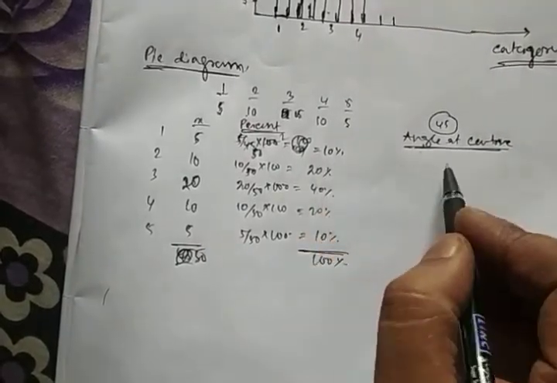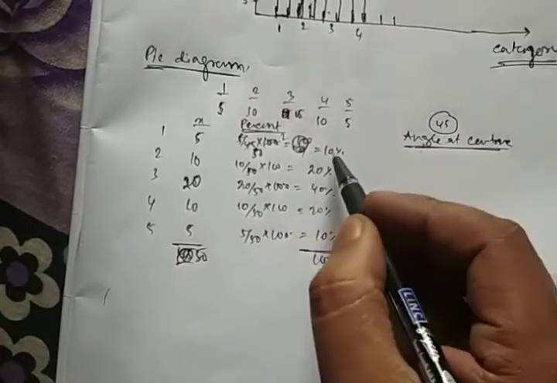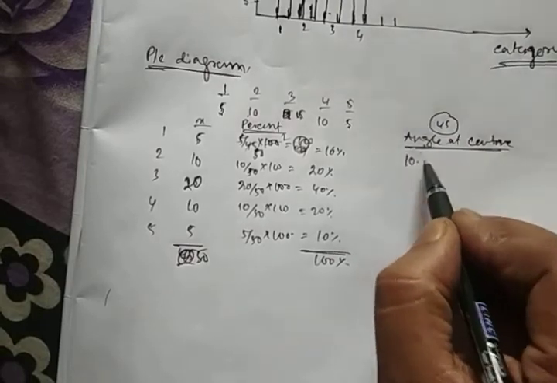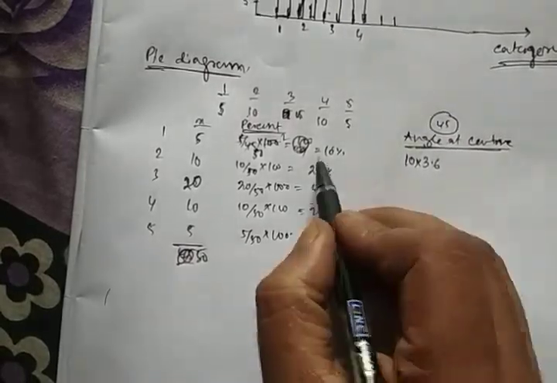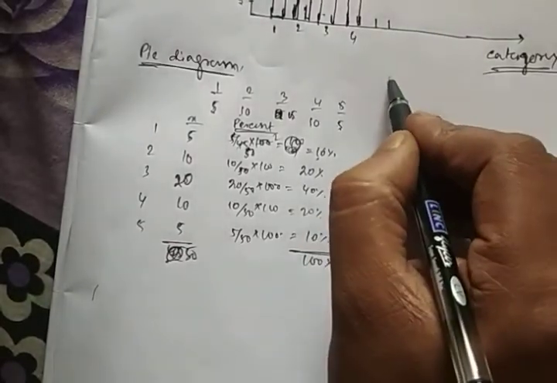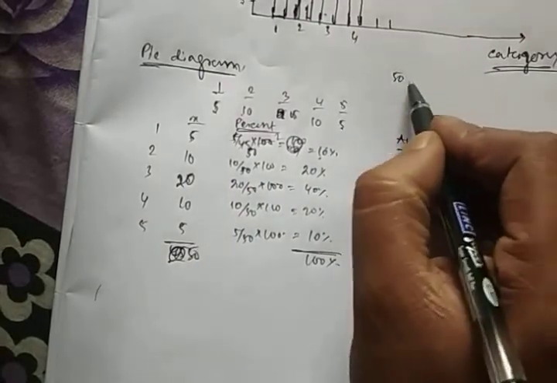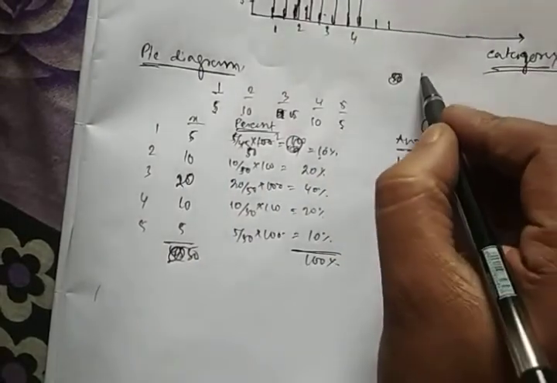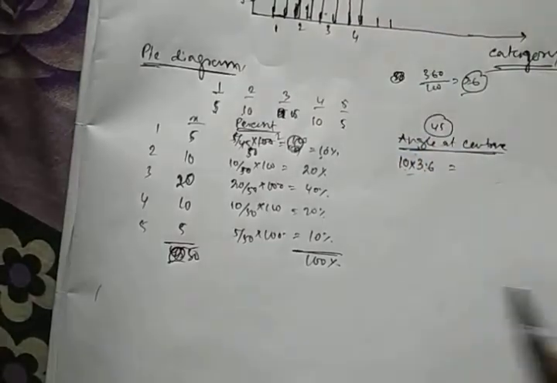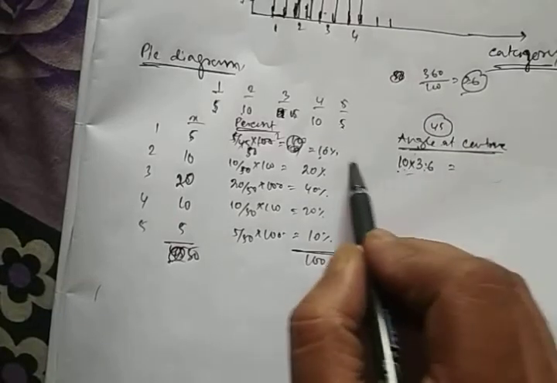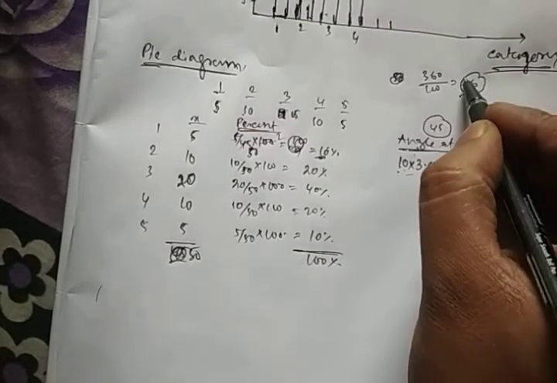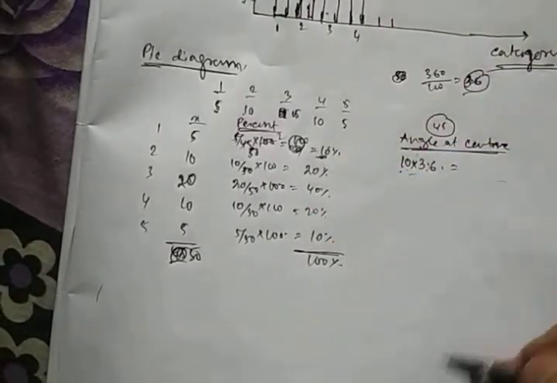To find this angle, we will multiply each percentage by a certain number, which is 3.6. 3.6 is calculated as follows: 50 takes the total number, as 360, so each 1% is 3.6. So we will multiply these percentages by 3.6, as each percentage of the angle is 3.6.